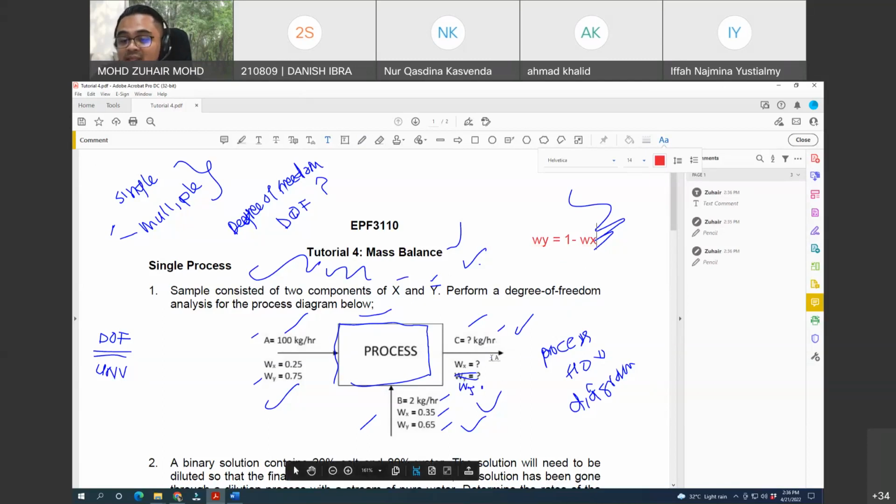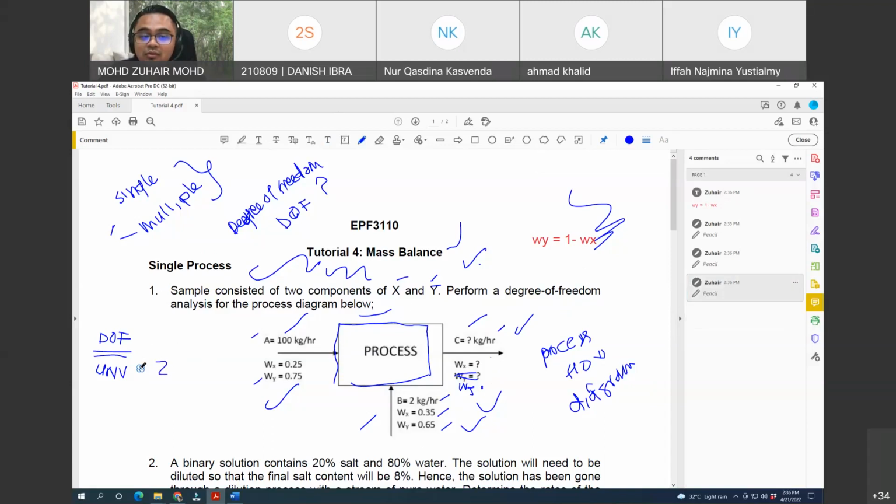So for this case, the unknown variables are only c and wx, only two. If you are confused with my explanation, please go back and watch the video about degree of freedom analysis, on why we only consider two and not three.